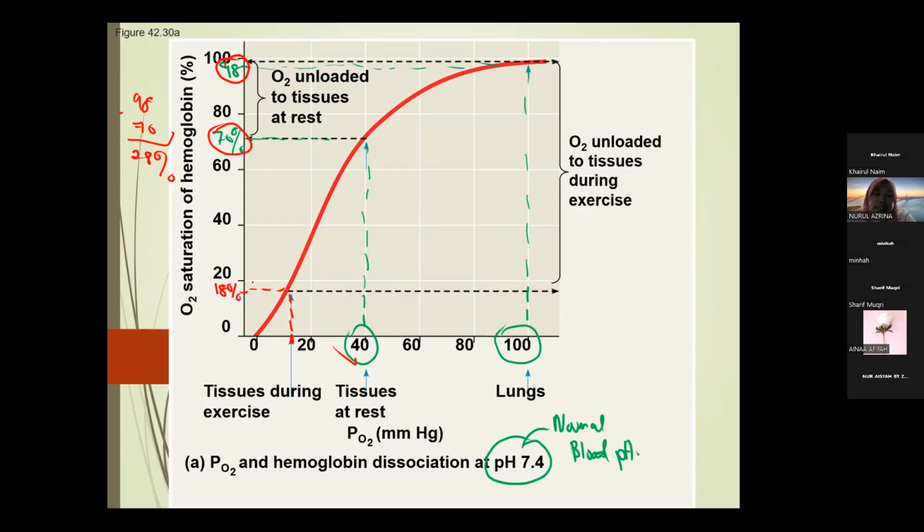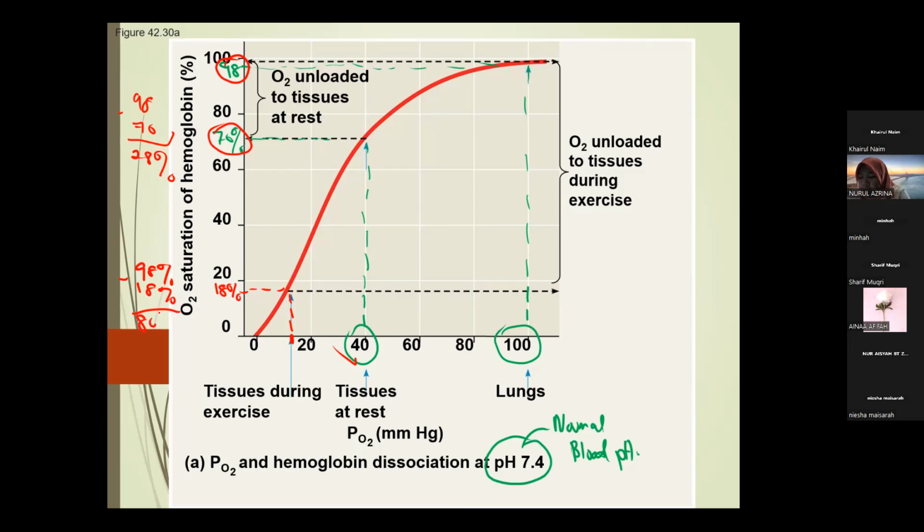So what is the percentage or amount of oxygen unloaded? Okay, so 98% minus 18%. So 80%.